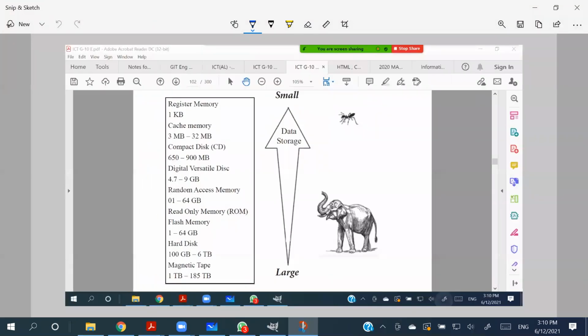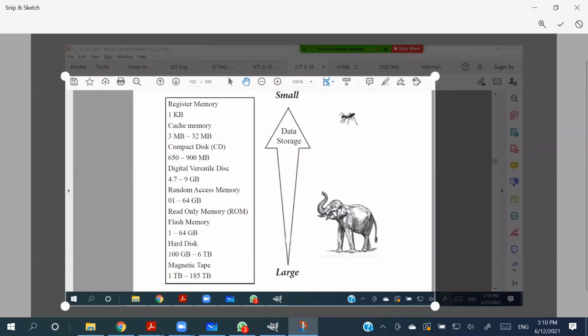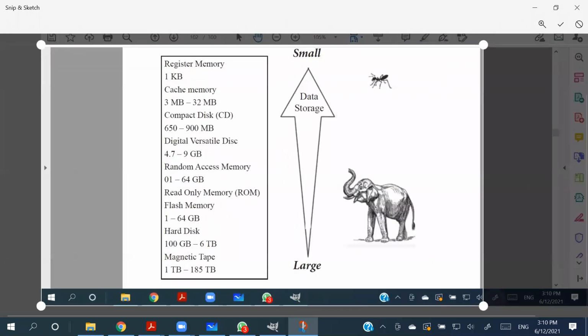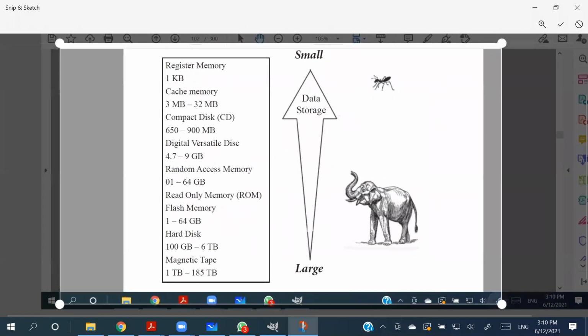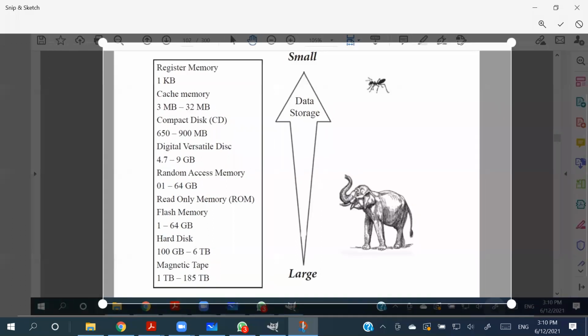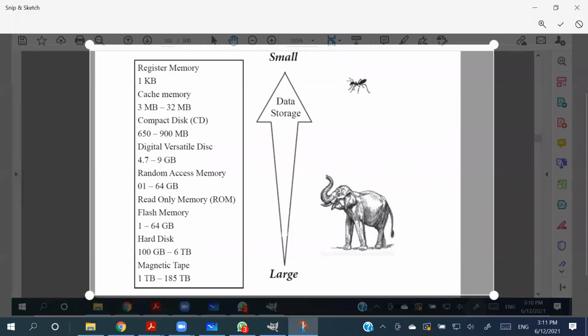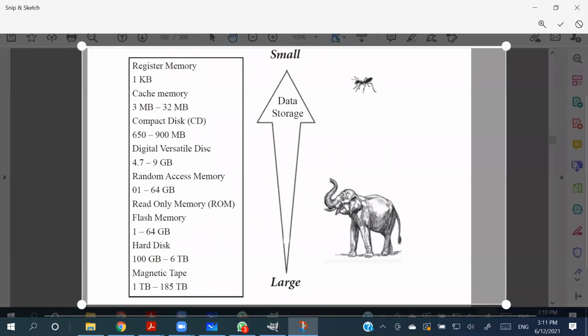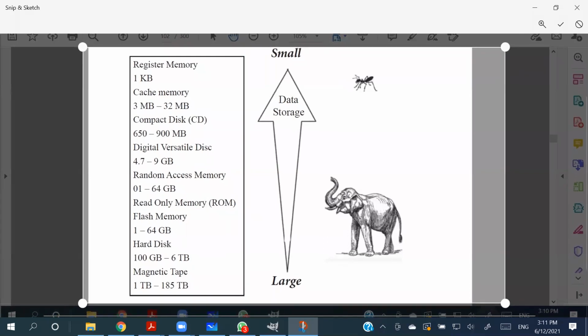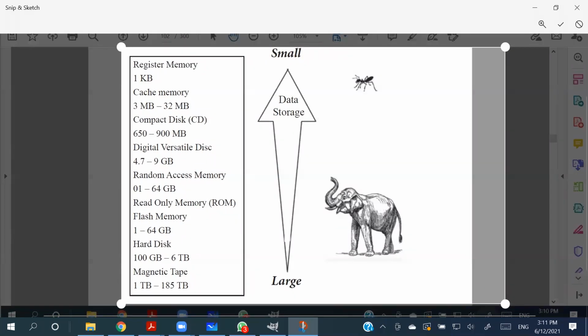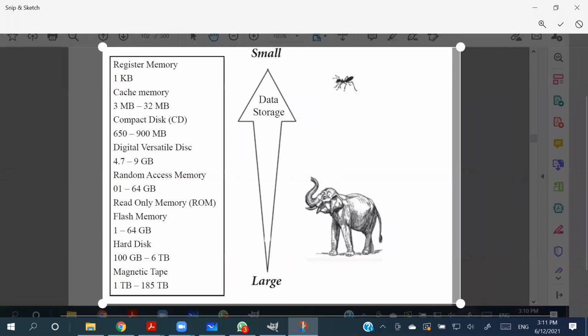Do you remember we talked about it when discussing the von Neumann architecture? Register memory is the smallest. So register memory is inside the CPU and it has the smallest capacity so far.